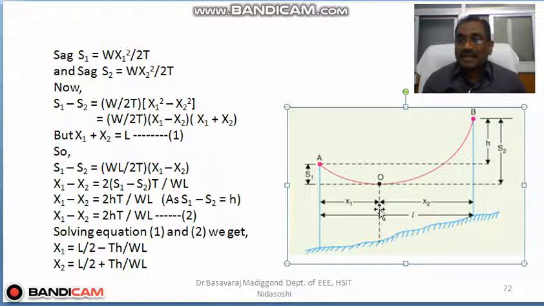S1 minus S2 is H. Substituting that, x1 minus x2 is equal to 2HT divided by WL. We call this equation number 2. Now solving equations 1 and 2, we get x1 is equal to L by 2 minus TH divided by WL, and x2 is equal to L by 2 plus TH by WL.